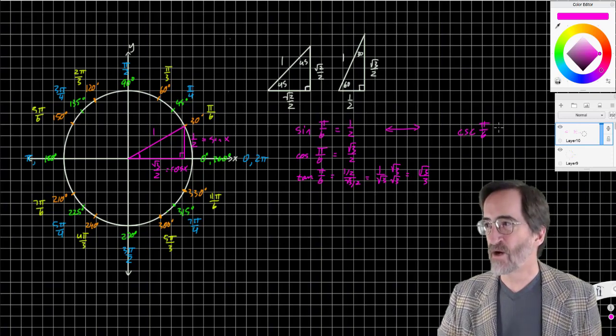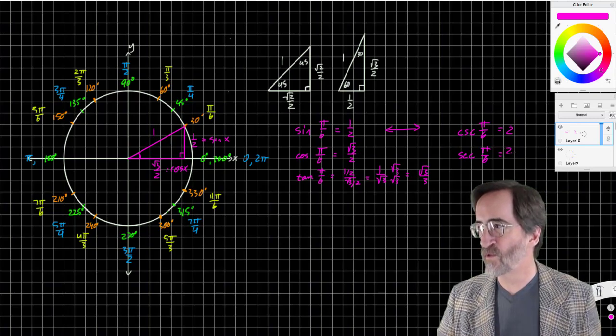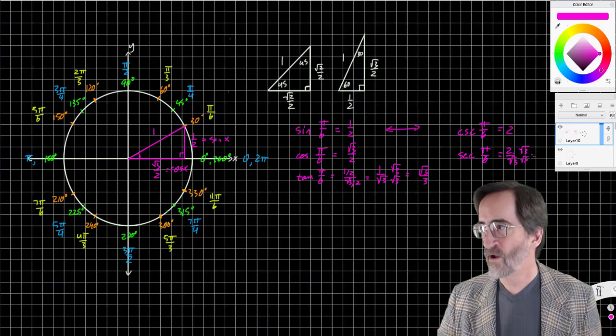So cosecant pi over 6 is 1 over sine, so it's 2. And secant pi over 6 is the reciprocal of cosine, which was root 3 over 2, so it's 2 over root 3, but we got to rationalize the denominator. So 2 root 3 over 3.